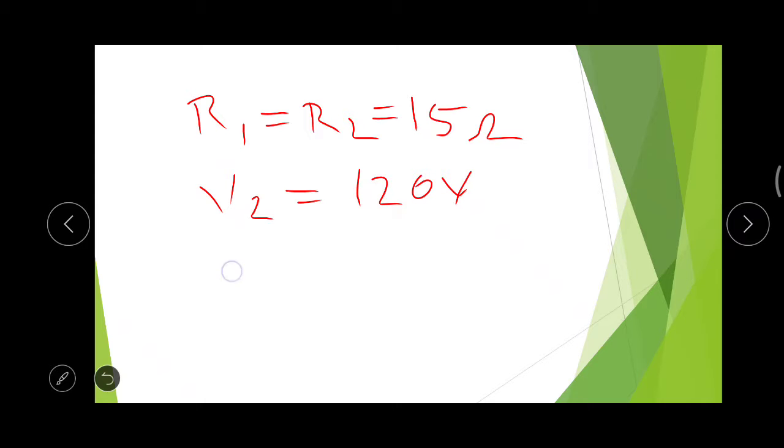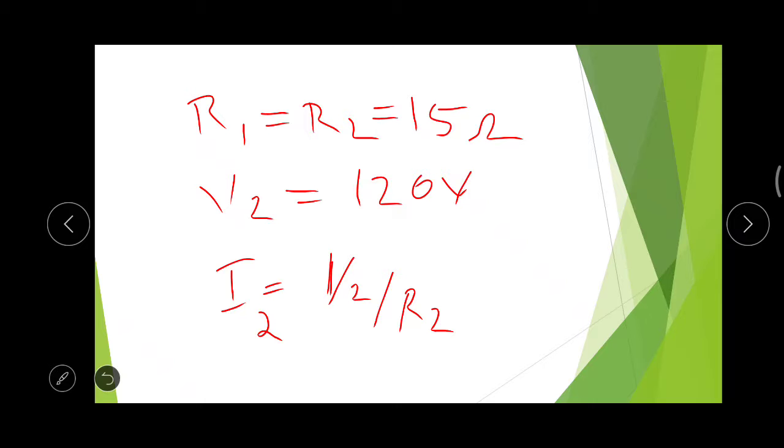So I2 will be equal to V2 divided by R2. You know that R is equal to V by I, so I will be equal to V by R. Here we are considering the second condition, so we have named the potential as V2, resistance as R2, and current as I2.